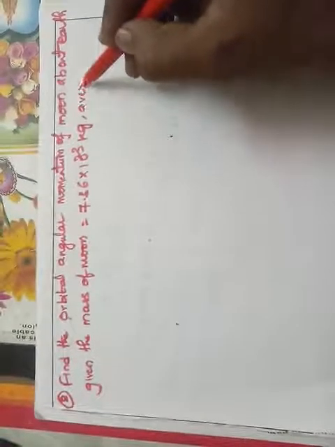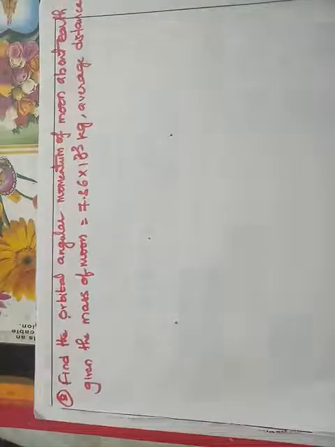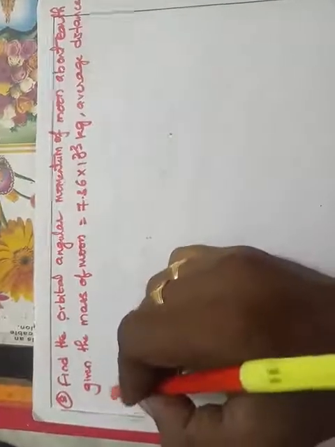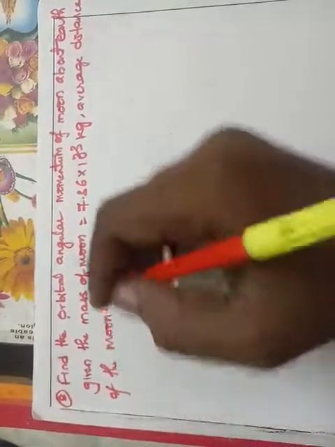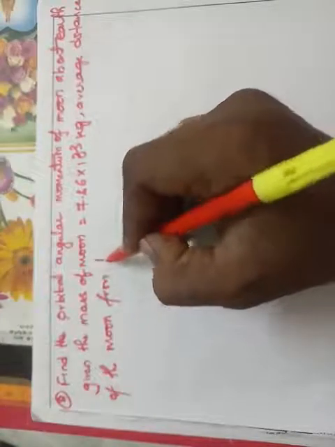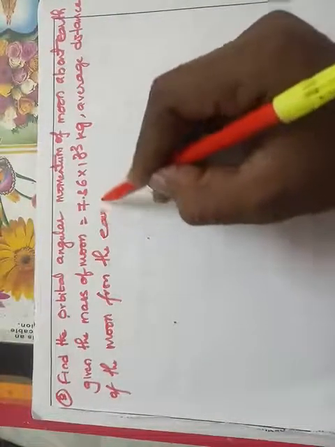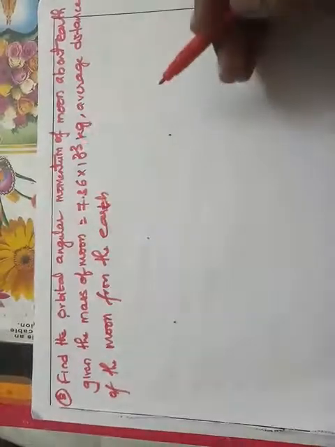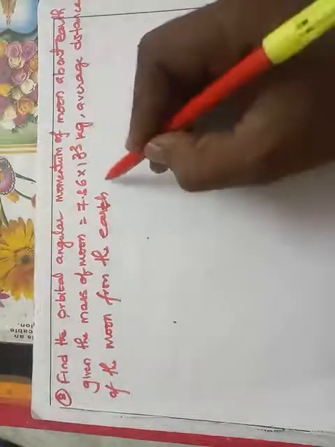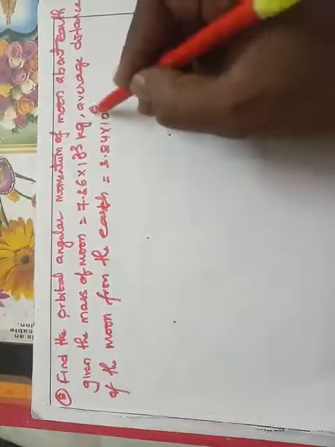The average distance of the moon from the earth is 3.84 into 10 to the power of 8 meter.